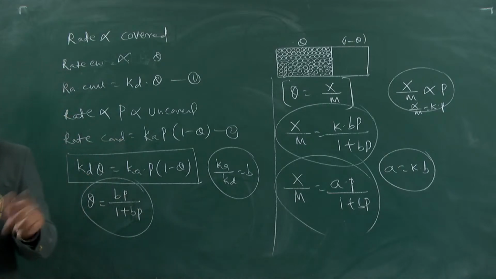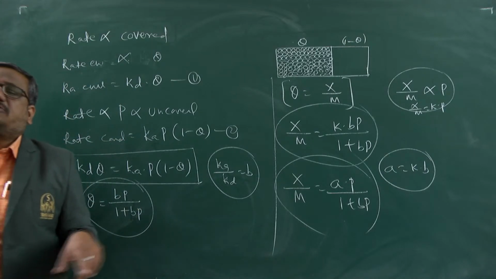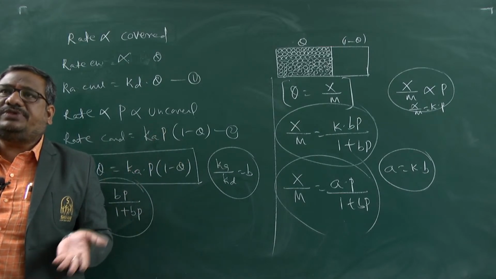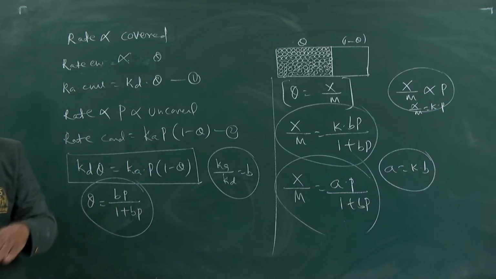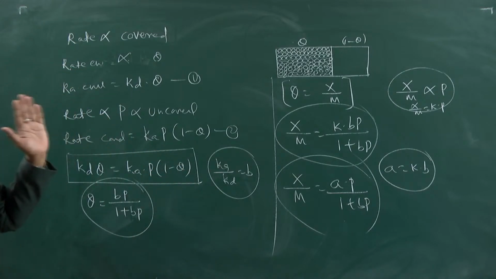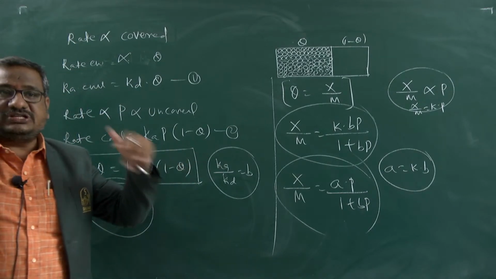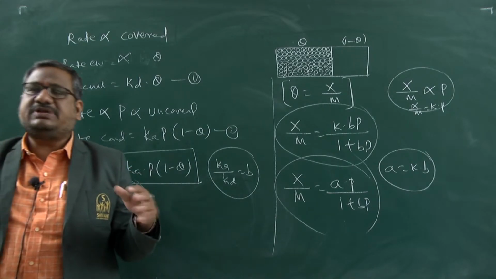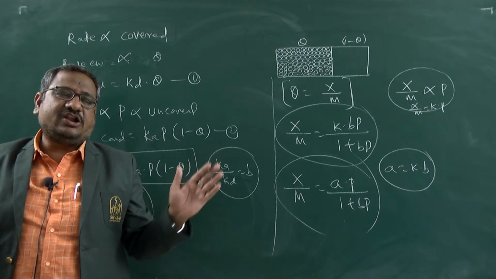High pressure is also part of the Langmuir adsorption. If you create the pressure at the equilibrium state, the rate of evaporation is equal to the rate of condensation. According to that, it is a single layer formation, whereas Freundlich adsorption isotherm is a multi-layer formation, and at high pressure it will not be applicable.